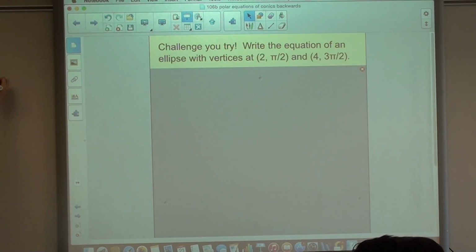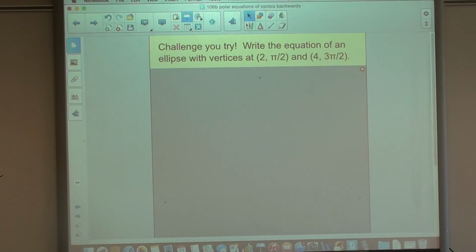A tiny hint: we know R is ED over 1 plus or minus E. We need to know if it's sine or cosine. The vertices are at 2, pi halves, and 4, 3 pi halves. It's going to be a sine because it's vertically oriented.